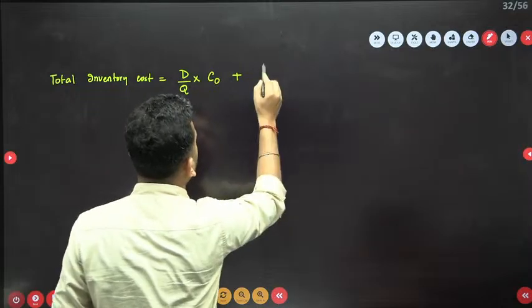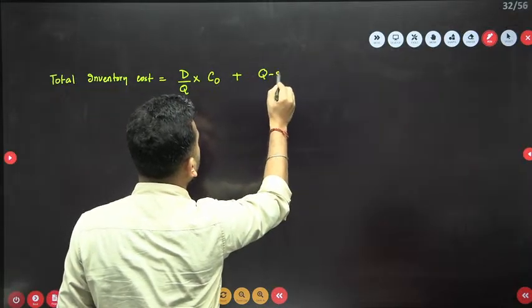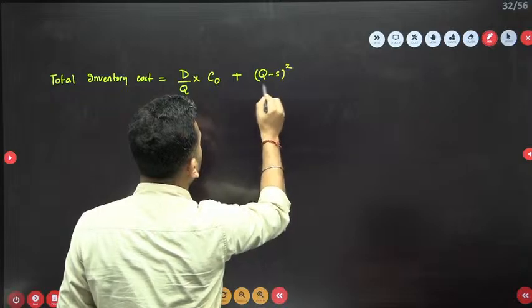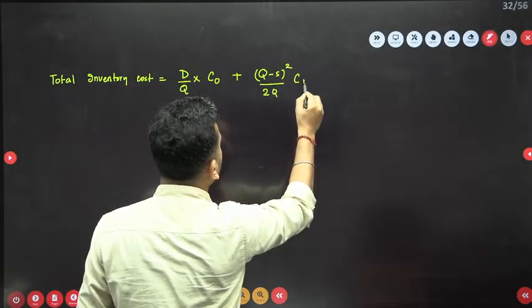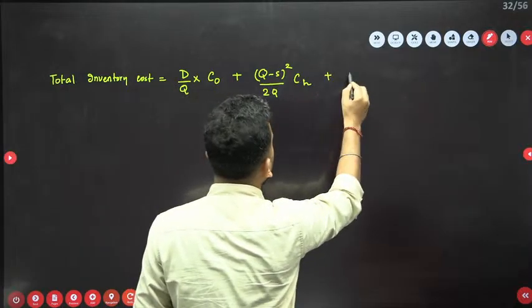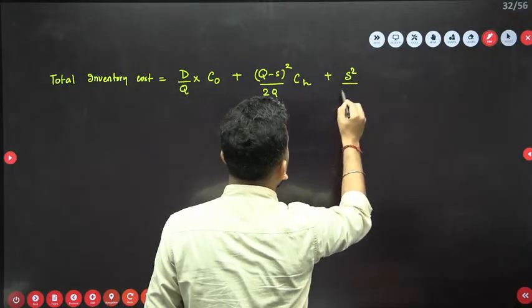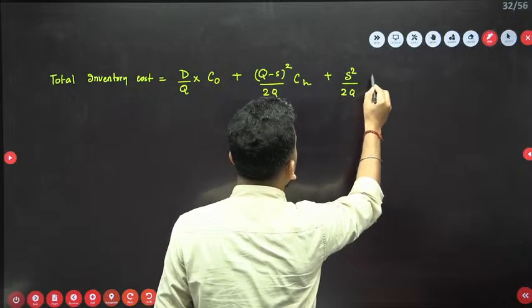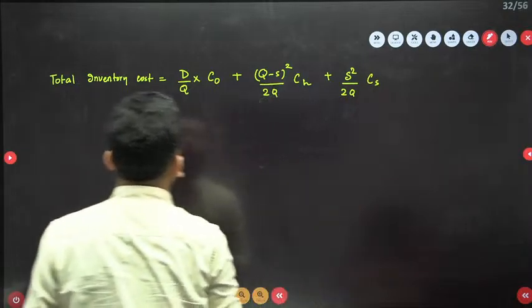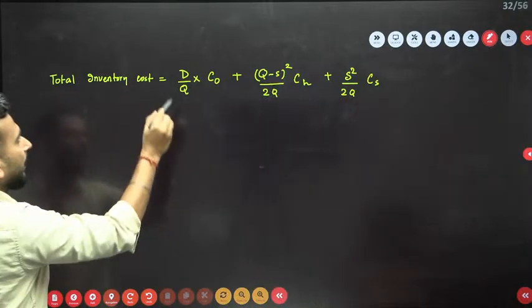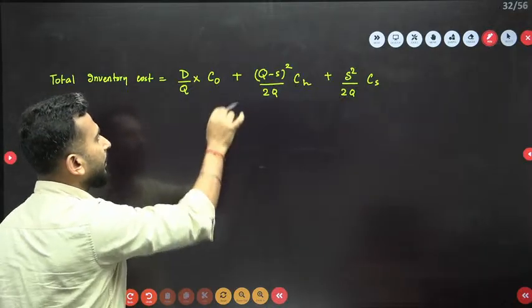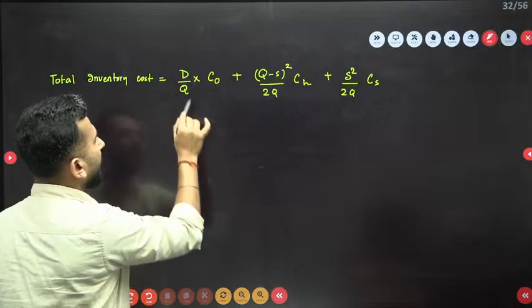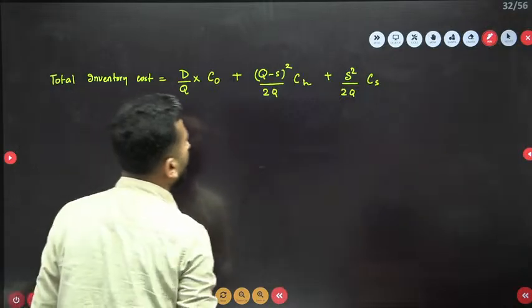So I replaced it by Q minus S whole square by 2Q into CH, and plus S square by 2Q into CS. So if I ask you that now we have to minimize it, what are the variables present over here? The variables are Q and S.